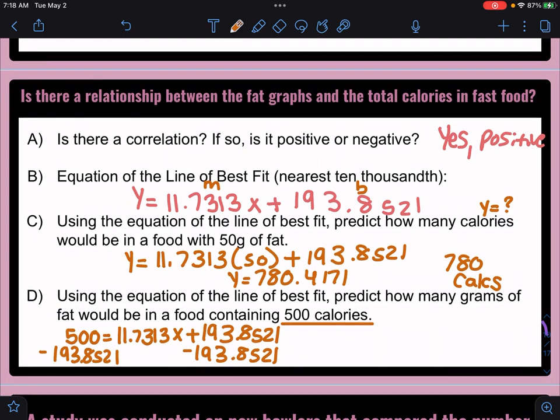I by accident divided, I meant to subtract. 500 minus 193.8521. I get 306.1479 equals 11.7313x. Then I divide. I would get x equals, rounded, 26. So 26 grams of fat.